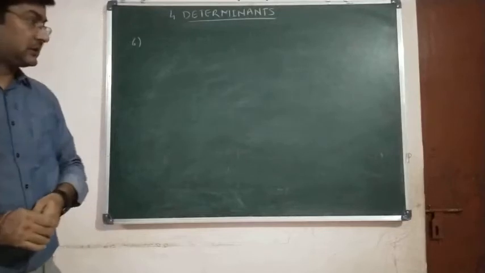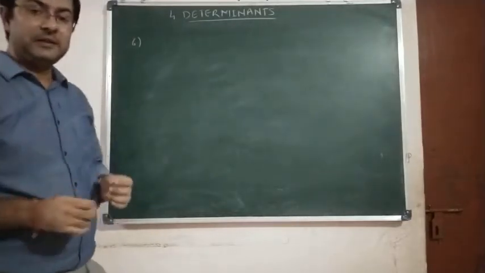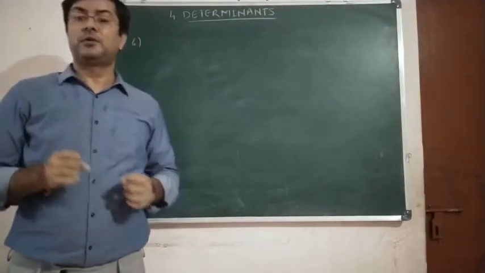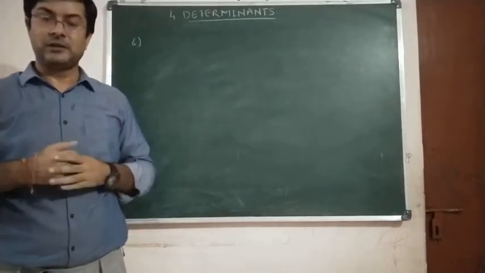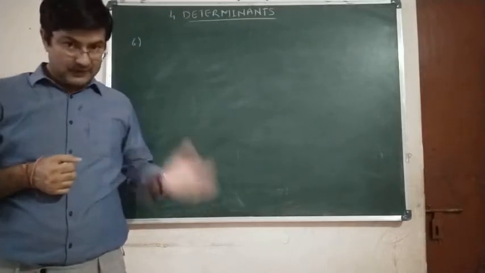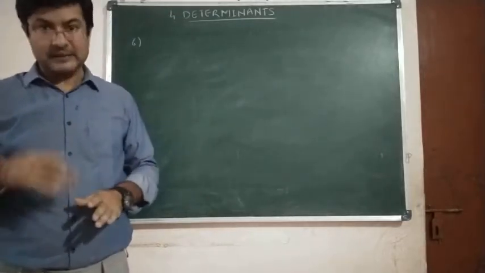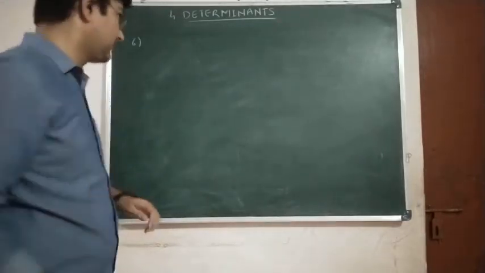Okay, property number 6 states that if each element of any one row or column is multiplied by a non-zero scalar quantity k, then the determinant thus obtained is k times the original determinant. Clear?